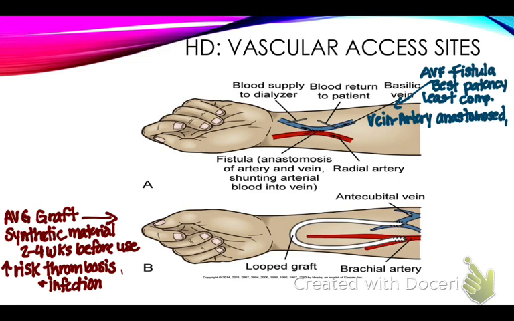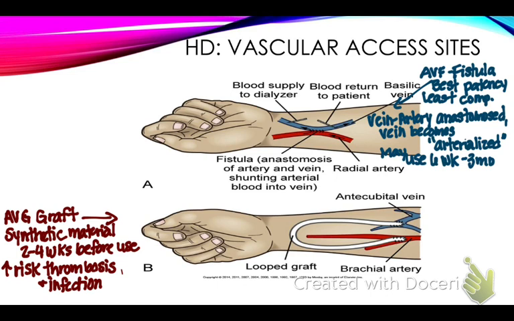And like I said, it does take around 6 weeks to months for this to occur, as the vein becomes arterialized. It's essential to provide rapid blood flow needed for hemodialysis.